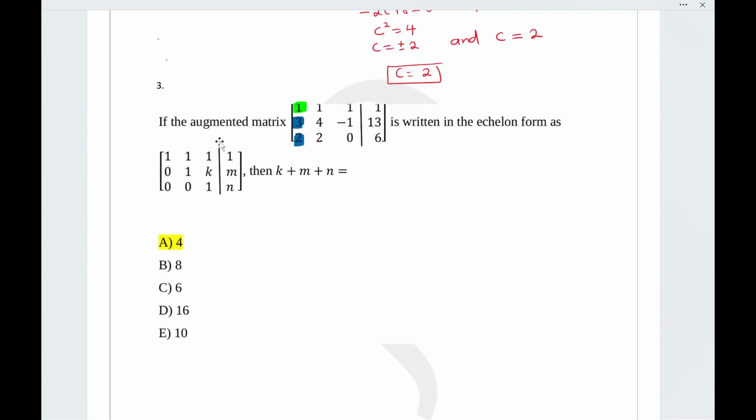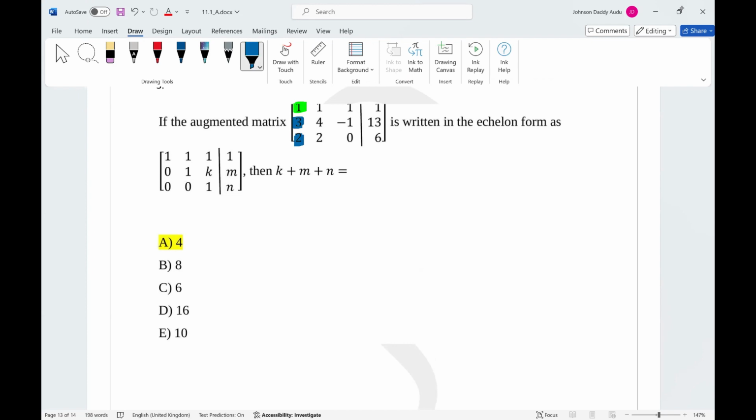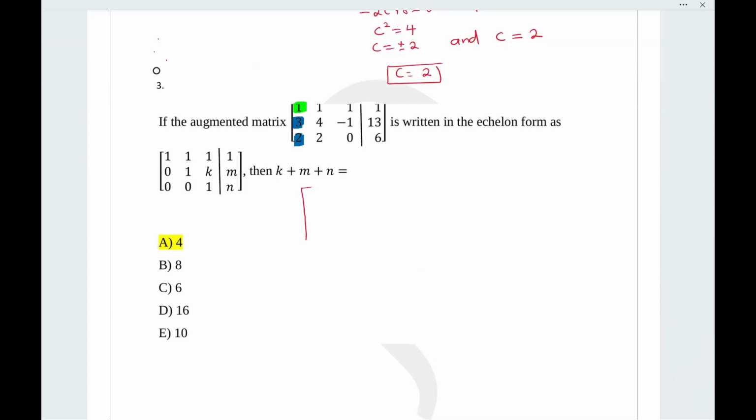So what type of operation do we need? Remember, we need echelon form, not reduced echelon. So we can apply the additive inverse: -3R1 plus R2, and then -2R1 plus R3. Row 1 is going to be fixed.